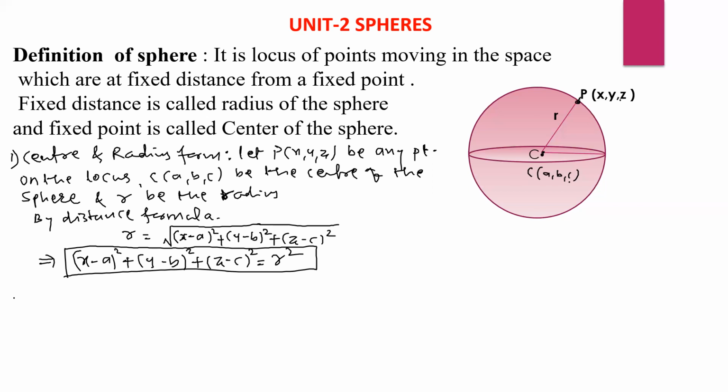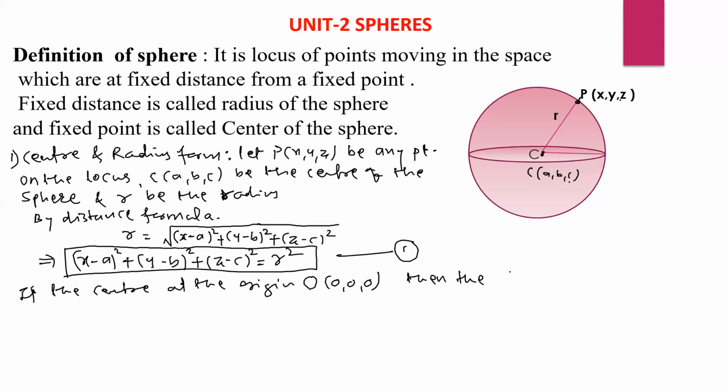Now let us discuss its particular case. If the center is at the origin O, that is a, b, c are 0, then equation 1 becomes, here a, b, c are now 0, then x minus 0 is x and its square, so we get x square plus y square plus z square is equal to r square.